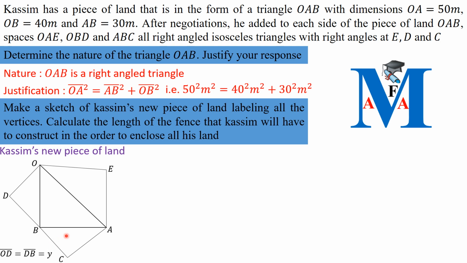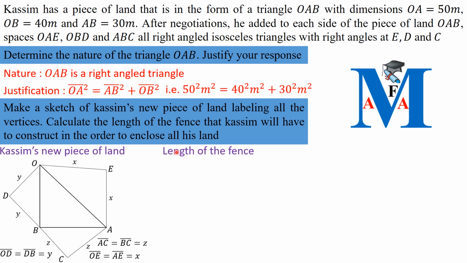We can label it as Y. Next, considering the right-angled isosceles triangle ABC, the distance from A to C is the same as the distance from B to C. We can label it as Z. And finally, in triangle OAE, the distance from O to E is the same as the distance from E to A. We can call it X. So we indicate the various lengths in the diagram.